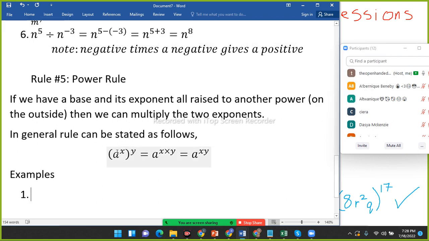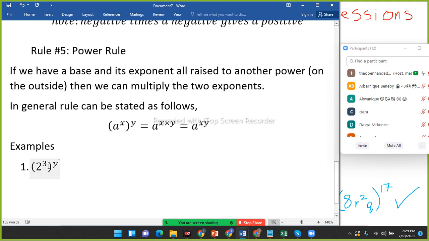So we have, say, 2 to the power of 3, and on the outside we have, say, 4.